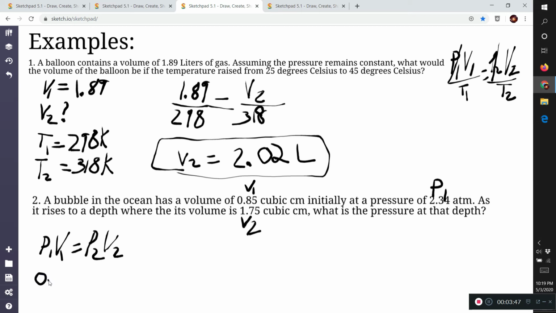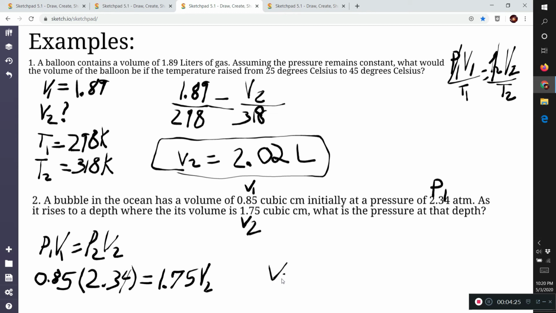So restricted to 2 sig figs right there. 0.85 times 2.34 atmosphere is going to be equal to 1.75 times V2. Now solving this is pretty straightforward. We're simply going to multiply the numbers on the left side here and then divide that 1.75 on both sides.